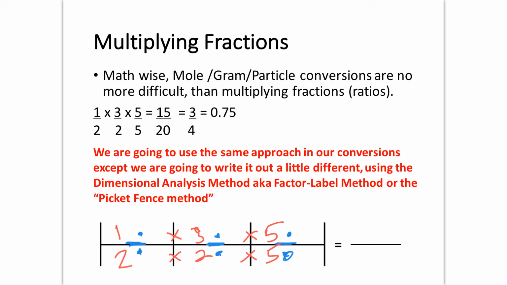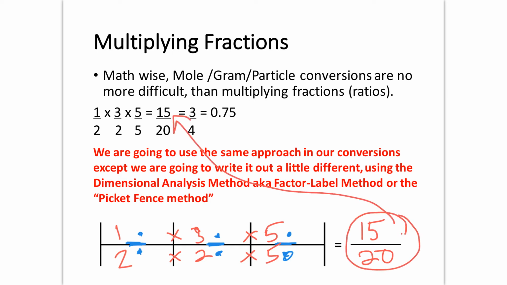I'm going to multiply all this together and get a number, which would be 15, and then the other number on the bottom would be 20.